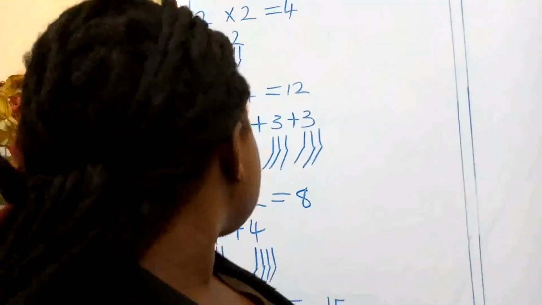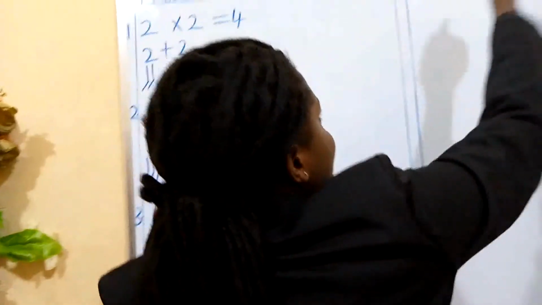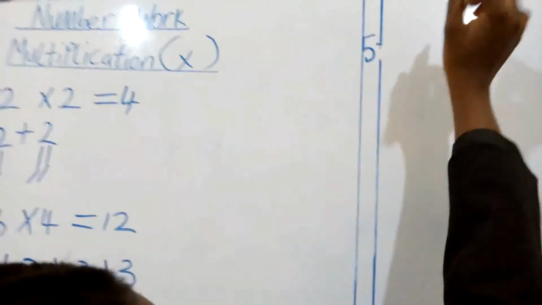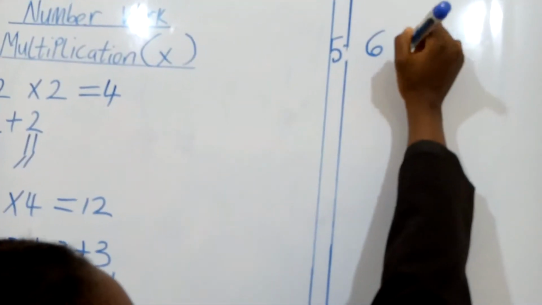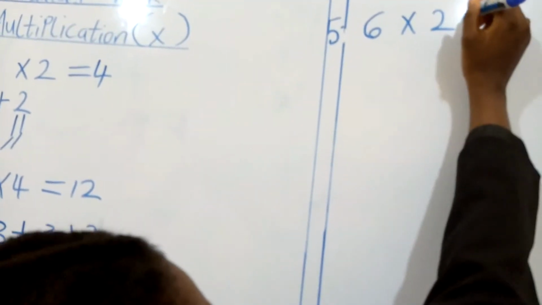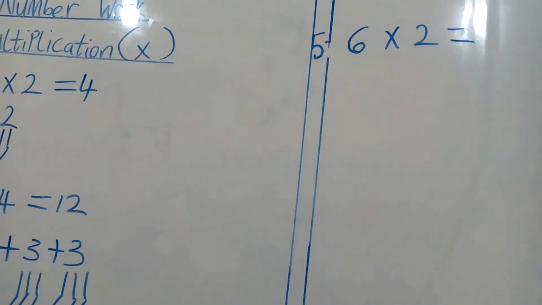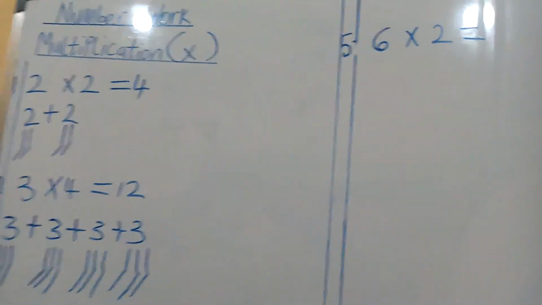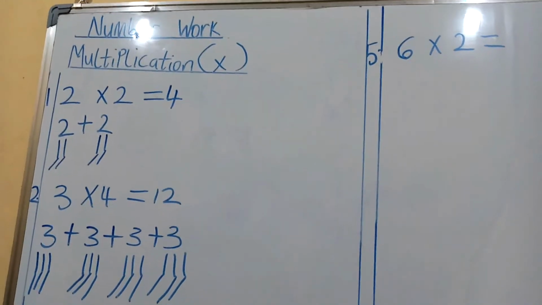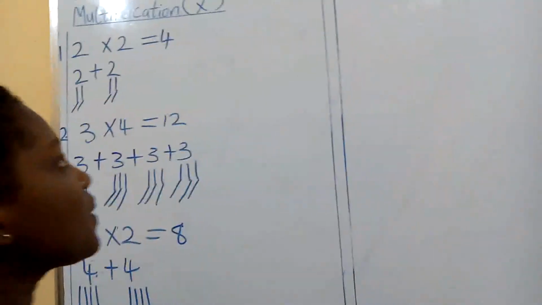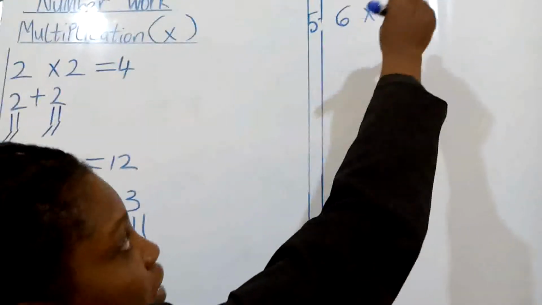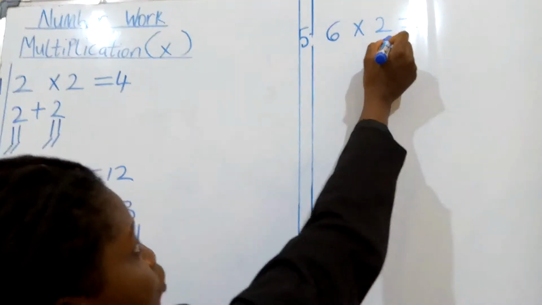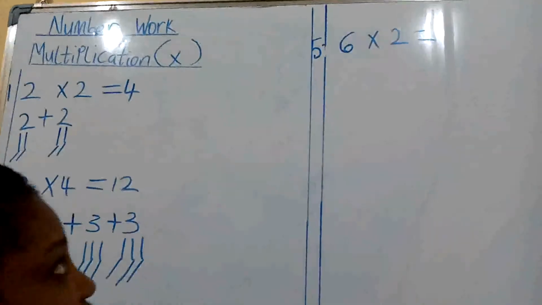So now let's see 6 times 2. Okay, who can tell me what we will do? How will we get it? Okay, that means 6 in how many places? 2. 6 in 2 places.